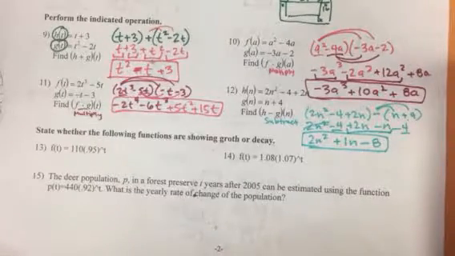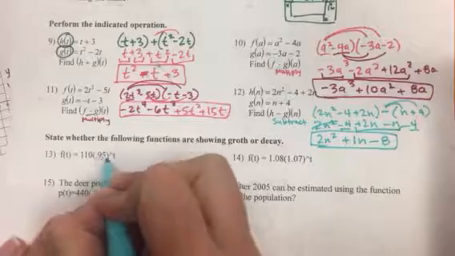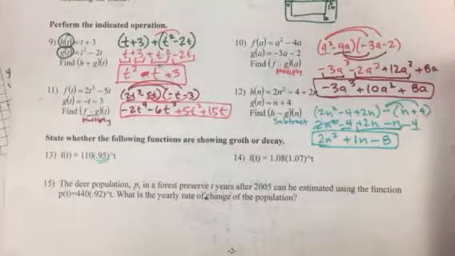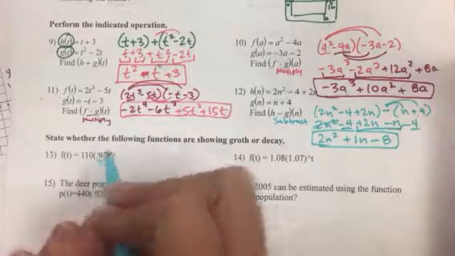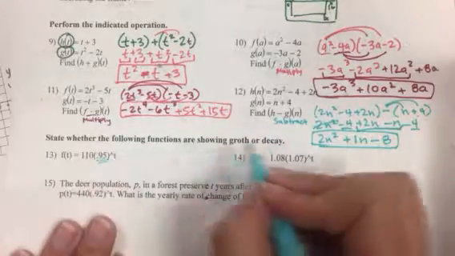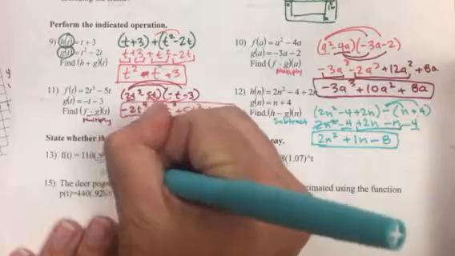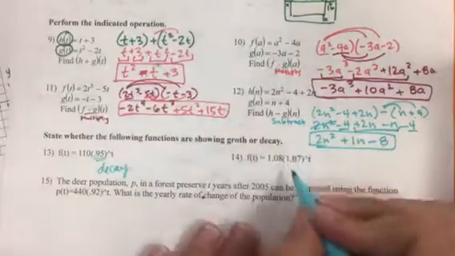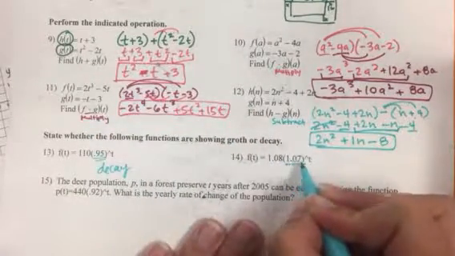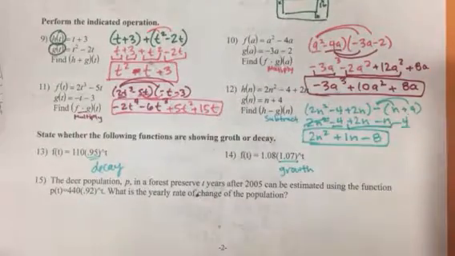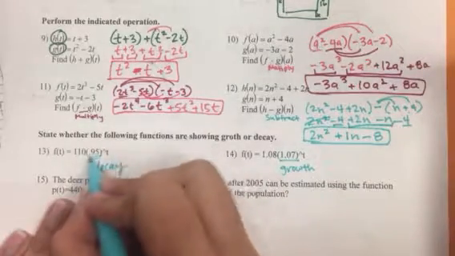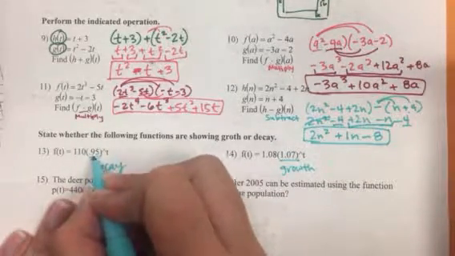Alright, state whether the following functions are showing growth or decay. For growth or decay, you look at what it is being multiplied by. So because it is 0.95, that means that because it's below 1, it is decay. And on this one, it's 1.07, which means it is growth. Now, if you had to say how much it is decaying by, this one is decaying by how far away is it from 100?